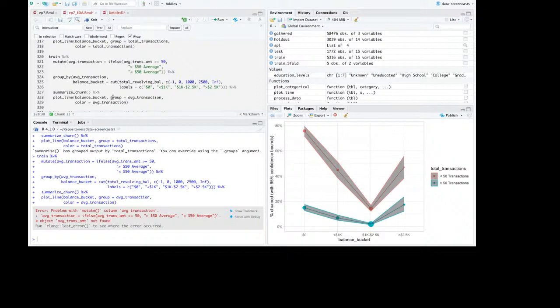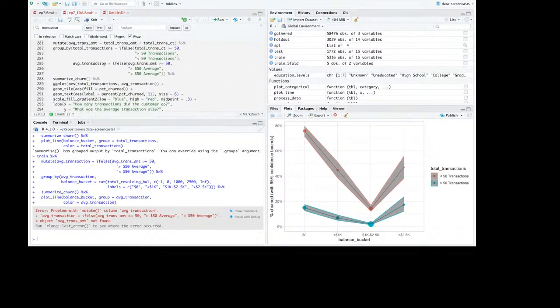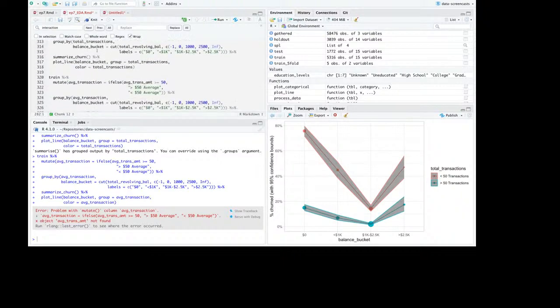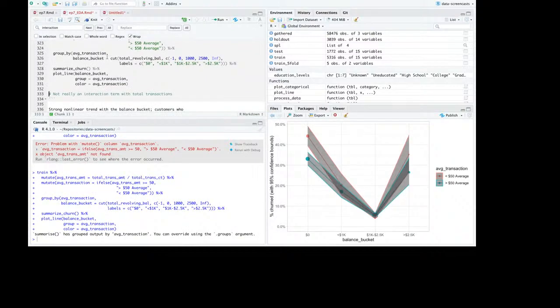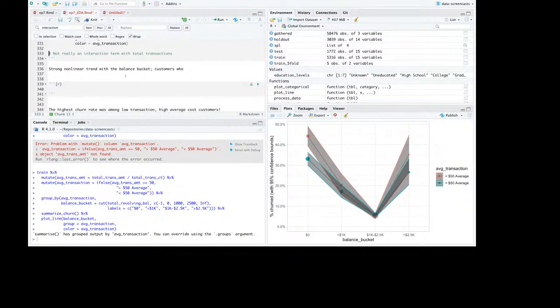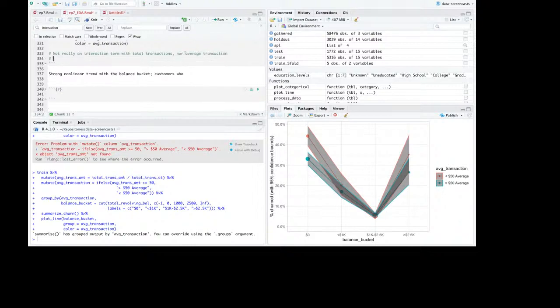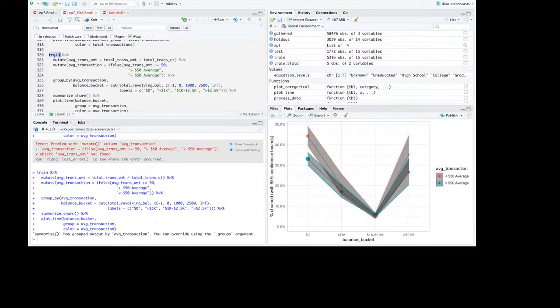Average transaction. How about that utilization?